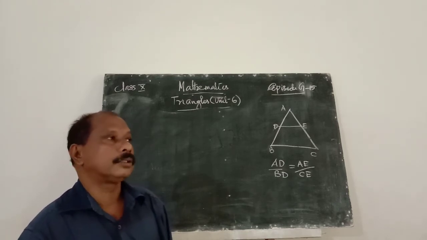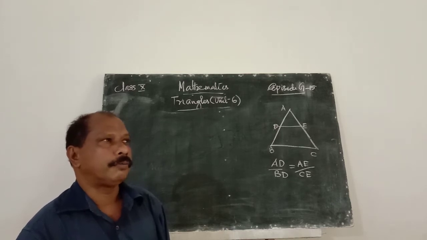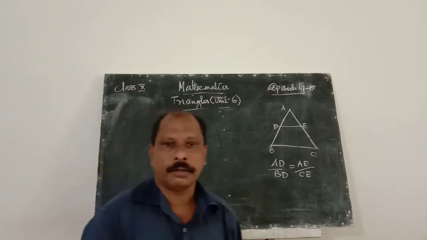We get three triangles. First of all, we know that the area of any triangle is half base into altitude.